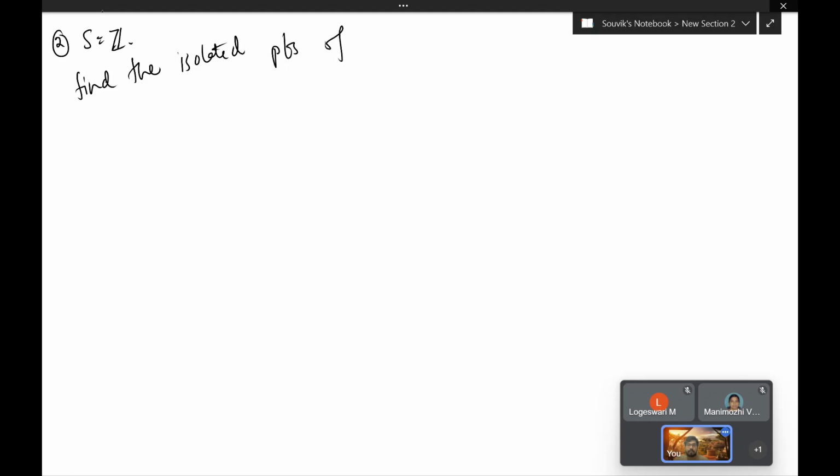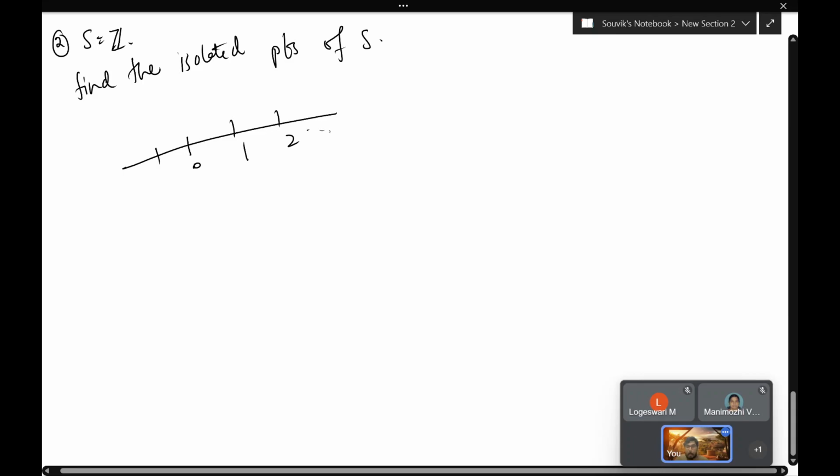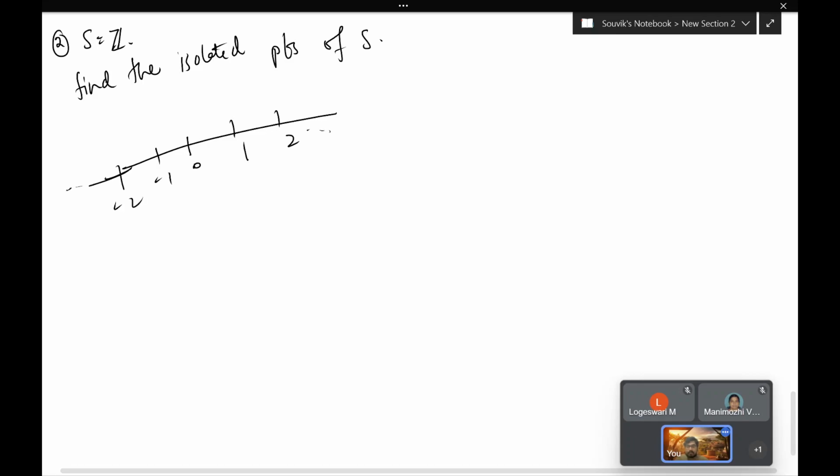So the next thing is that consider S equal to Z. Now the question is to find the isolated points of S. How to do that? Observe that this is Z: 0, 1, 2, and so on, minus 1, minus 2, and so on.